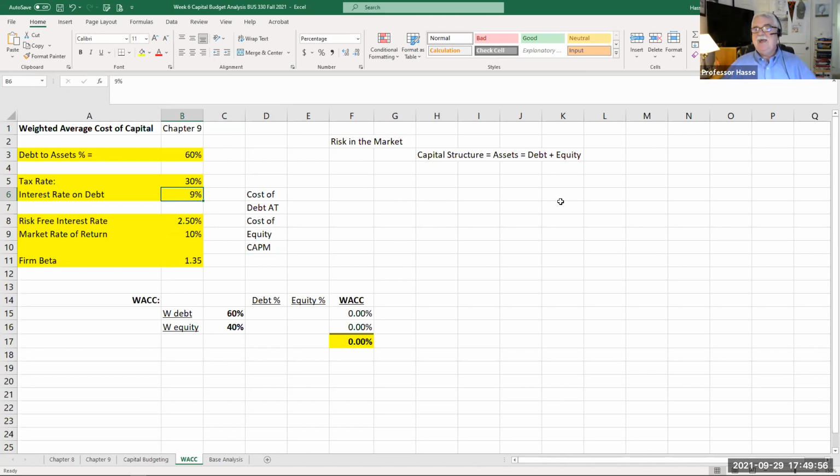So this company now pays, on this 60% of their capital structure, 9% on debt. Kind of high. And they're in a tax rate of 30%. Why is that important? Because if any of you are familiar with the Internal Revenue Service, which I certainly am, for corporations, they can deduct interest expense on their corporate tax returns.